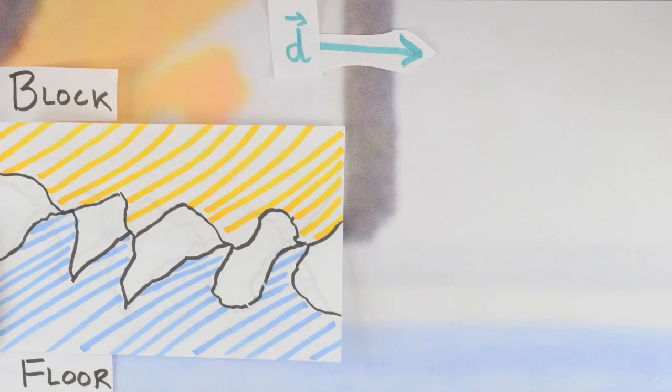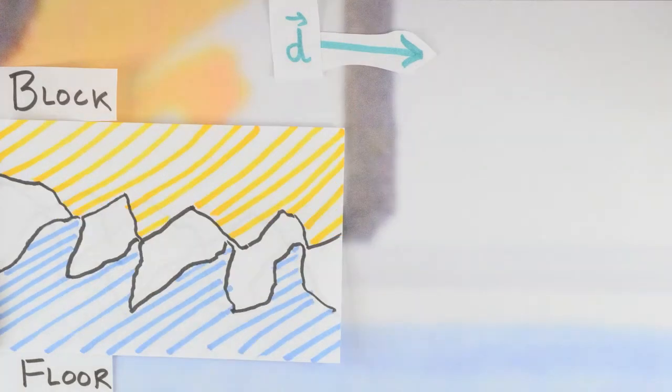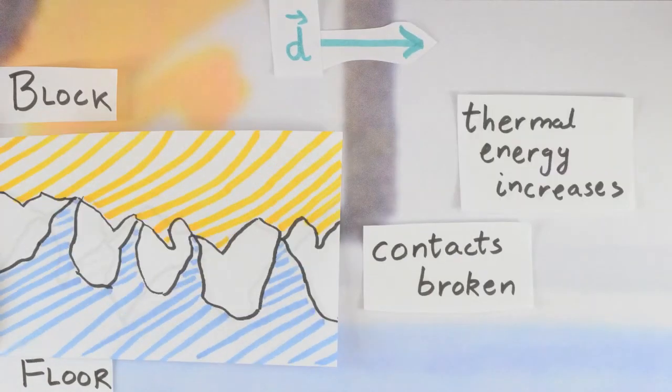Eventually, the contact between these protrusions is broken. This breaking action results in the dissipation that increases thermal energy, and other protrusions will take over in making contact. However, in all cases, the overall effect is that the magnitude of the displacement associated with the friction force is smaller than the magnitude of the center of mass displacement d for this particular situation.